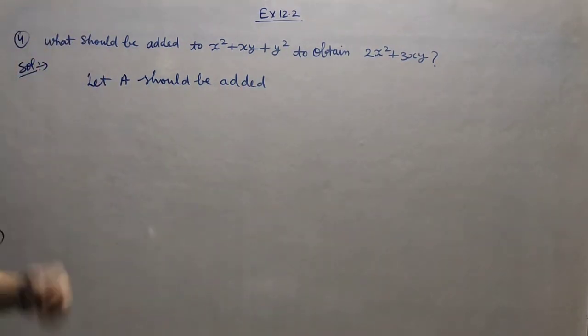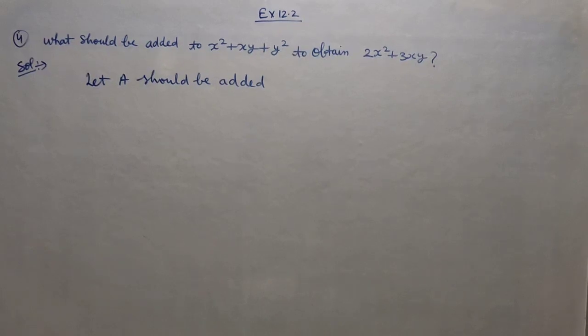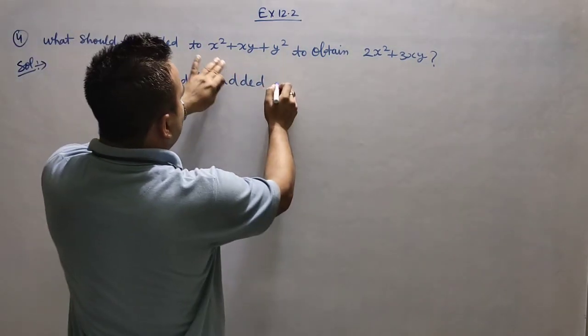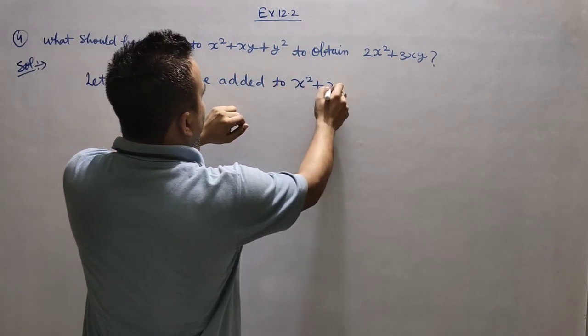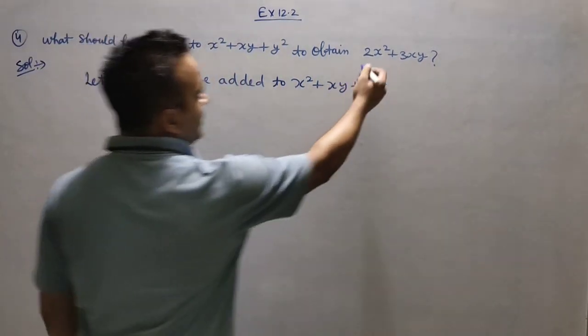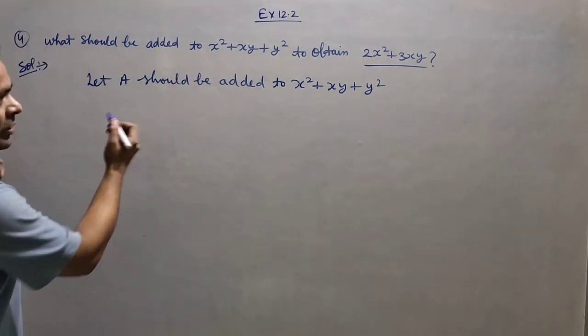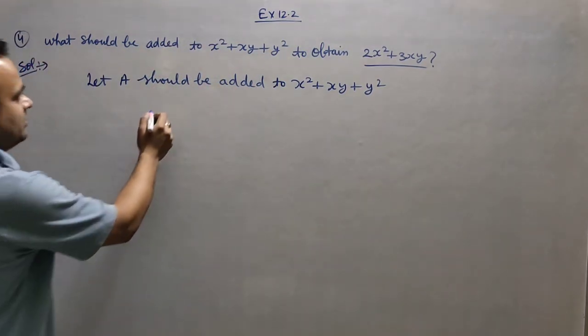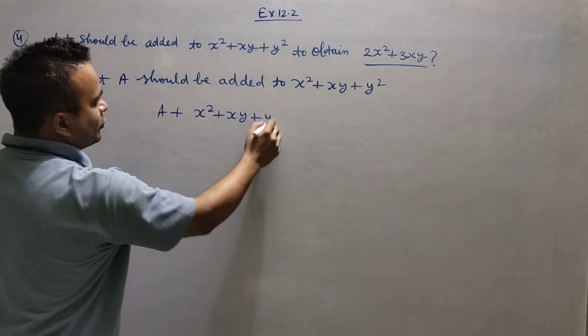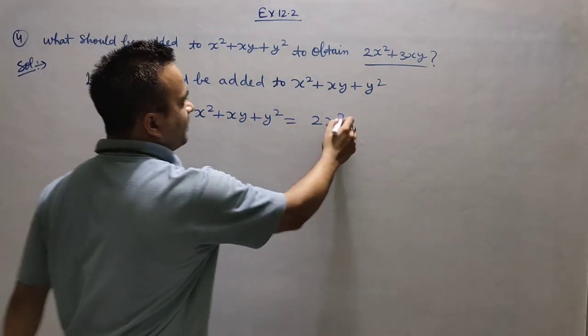Now if a should be added, so let a should be added, I have created here, where a should be added to x square plus xy plus y square, and we will get this one. So I am writing in the form of equation. Equation means a plus x square plus xy plus y square, I am getting this one.